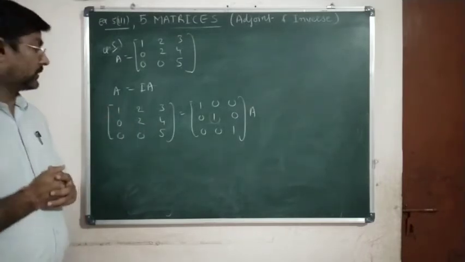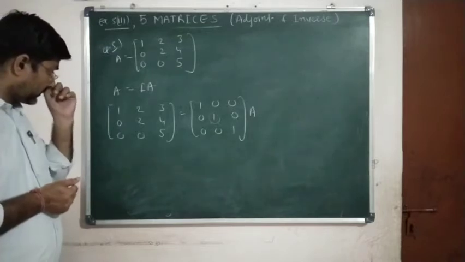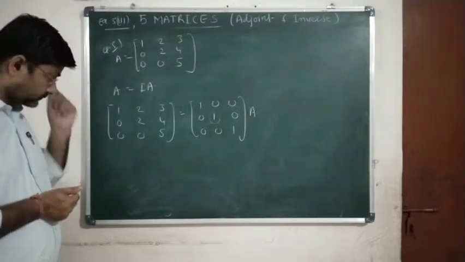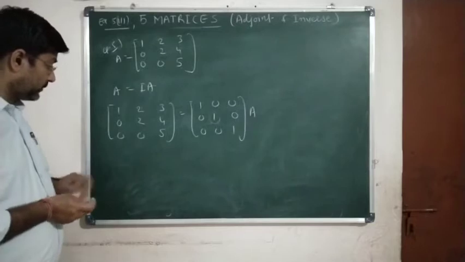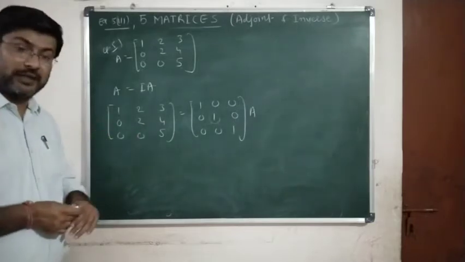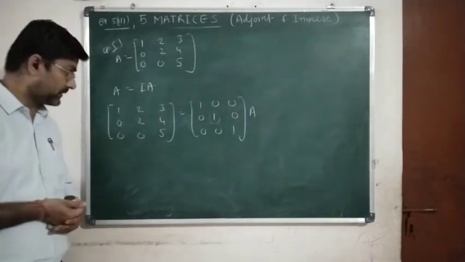So our first task is to bring over here 1. Okay, so if you want to bring 1 over here, you have to think what we can do. We can directly divide the second row by 2. Yes or no? This is the best option. Clear?